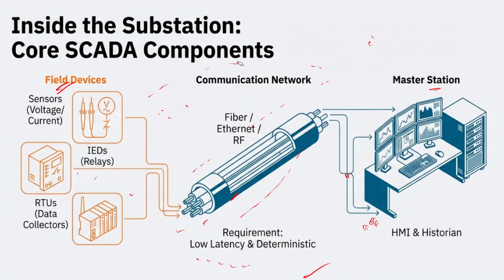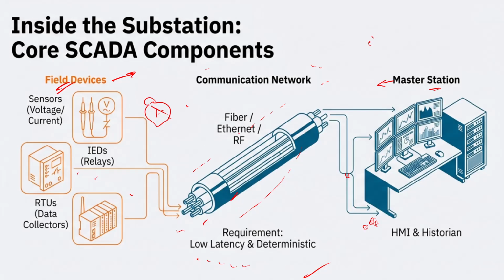You can make an agreement with the telecom sectors telling them we have this kind of use case, and they will allocate a specific bandwidth or a specific wavelength we can utilize to establish the communication between the field devices and the master station. So these are the components we have now.